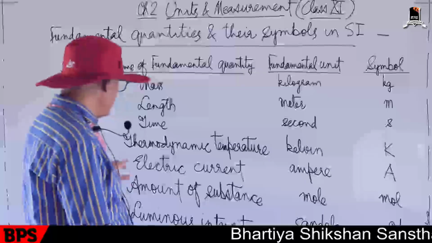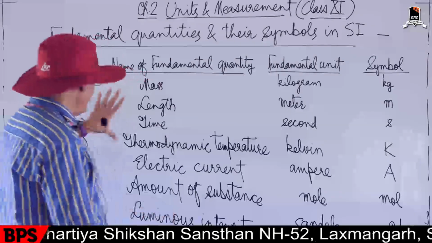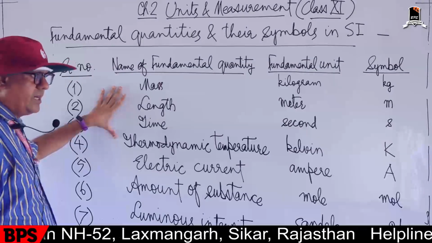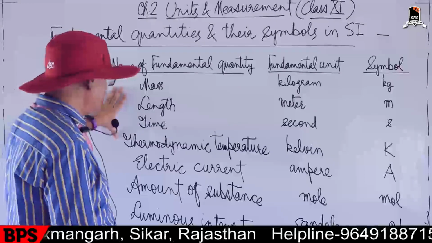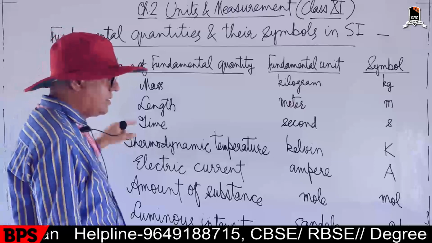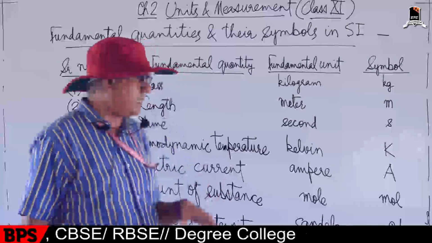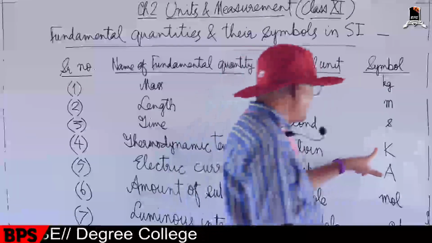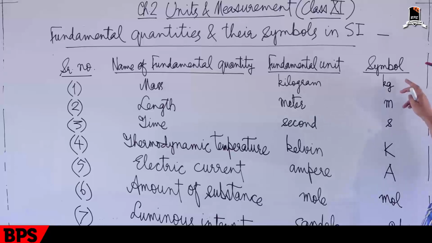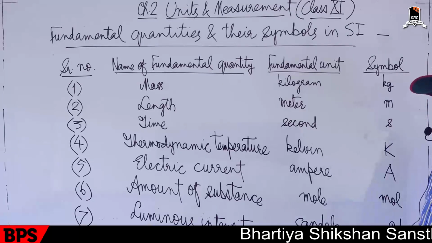So, we will use electric current in class 12 and we will use these 4 quantities very frequently in our 11th class syllabus. 4 chapters are devoted to temperature and thermodynamics and heat, etc., in which this Kelvin scale will be used, and all mechanical quantities will use kilogram, meter and second.